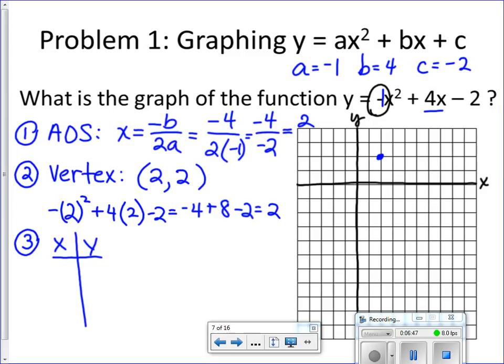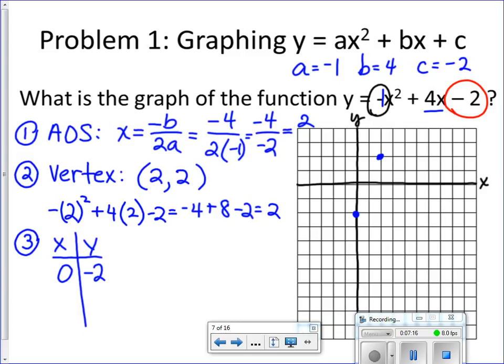Now there's one that we know automatically, and that is looking at our equation, the minus 2 is going to be our y-intercept. So we know that at 0, negative 2, we're going to have a point. So 0, negative 2 would be right here. And we can do that just by looking at the equation.